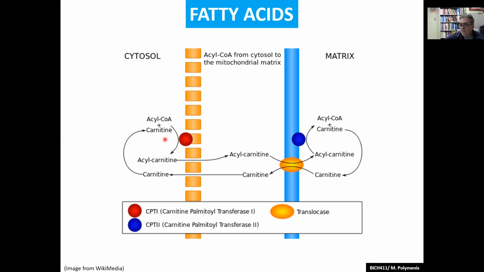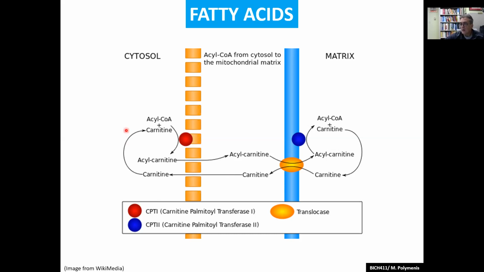The acyl-CoA that we saw from the previous step now makes an acyl-carnitine compound, which then gets transported by the translocase. Once it's in the mitochondria, the acyl-carnitine becomes acyl-CoA again and frees up carnitine, and carnitine comes out. So for every acyl-carnitine that you bring in, you bring another carnitine out, and the whole cycle can keep going.